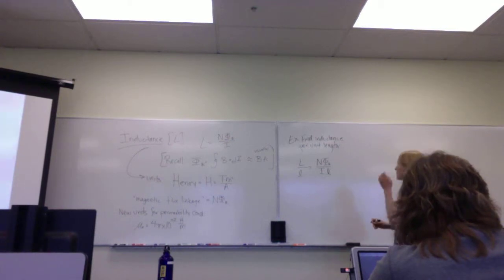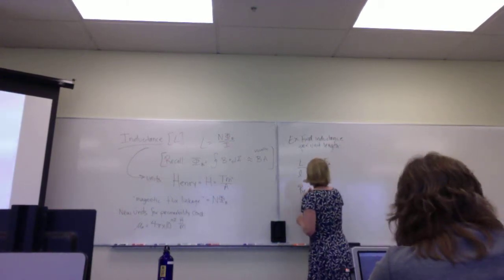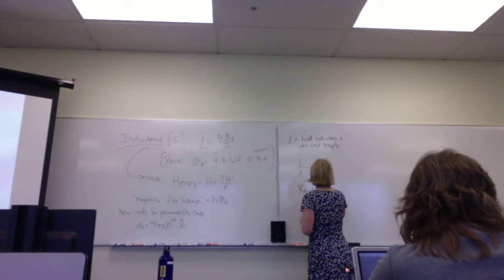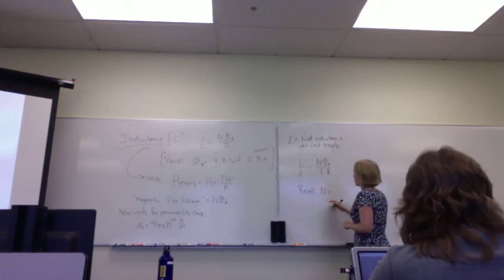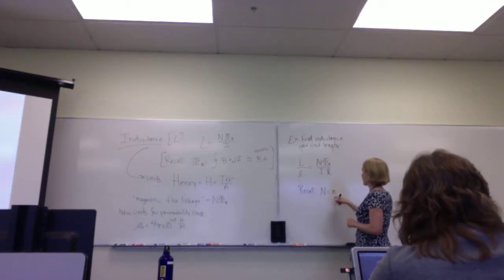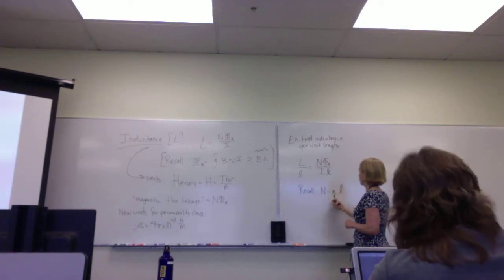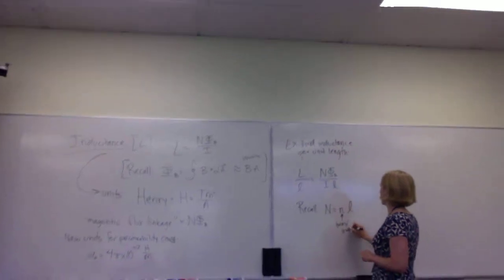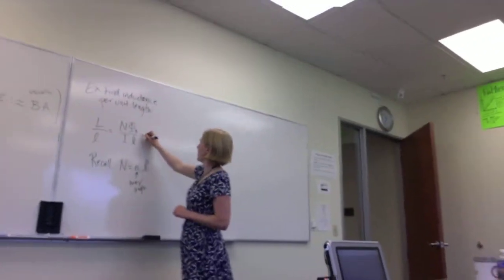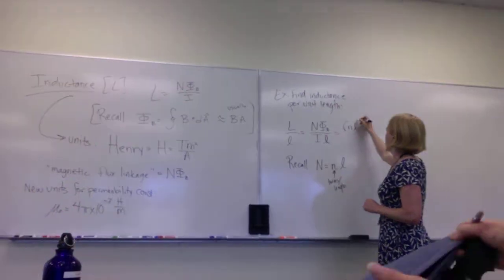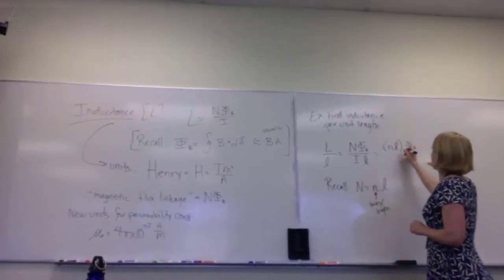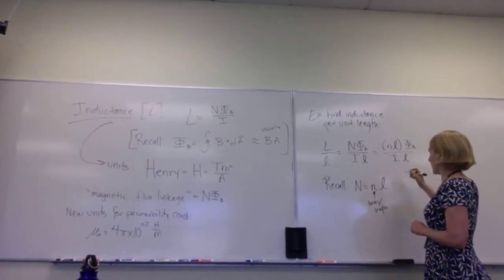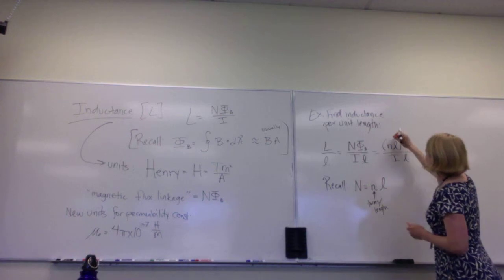And then last week we said that the total number of turns N could be replaced with the turns per unit length times the length. So I'm going to replace big N with little n times L, and that way I can cancel my L's on the top and the bottom.